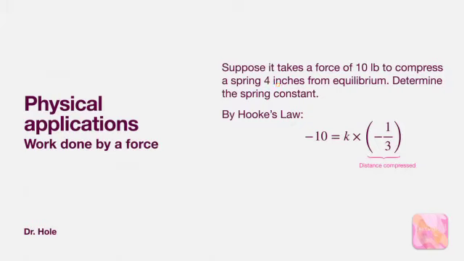We would like to represent this 4 inches in feet, so we get 1/3. And then as we want to be to the left of equilibrium, we make that negative 1/3. Excellent. So the spring constant is k equals 30.